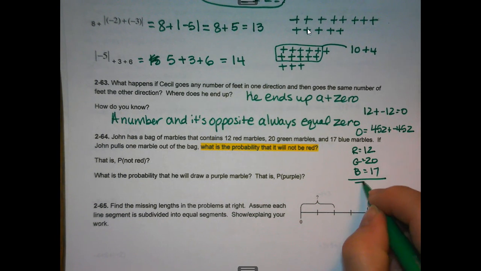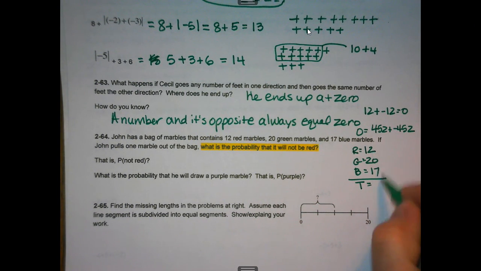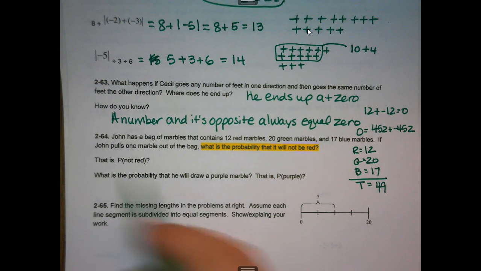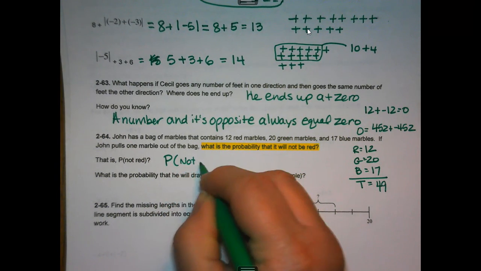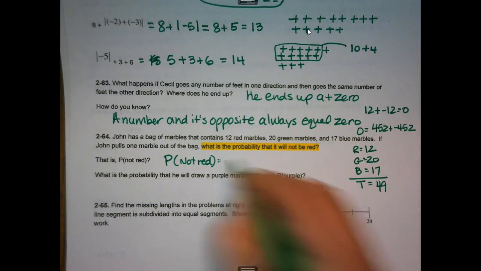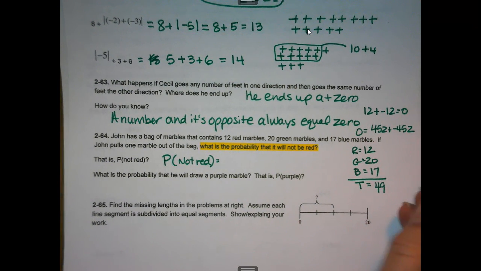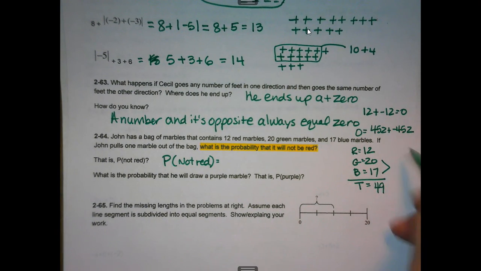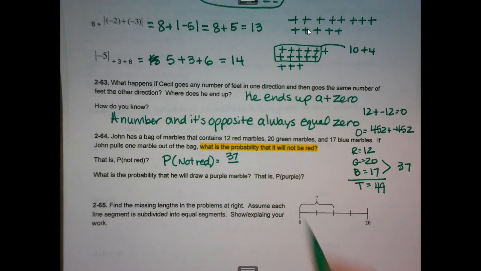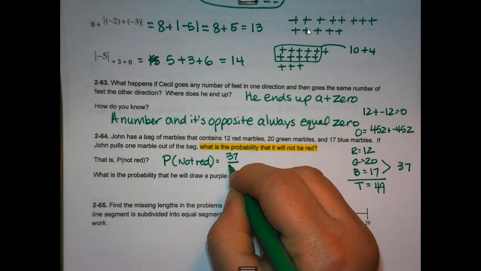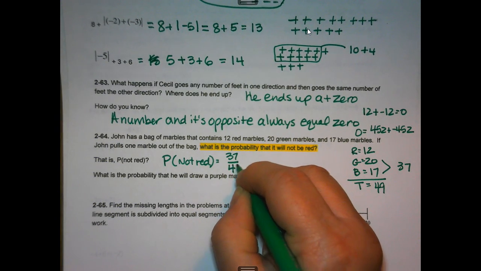My total equals 49. The probability that it's not red is going to be when I take these two numbers, add them together, and it's 37 over 49.